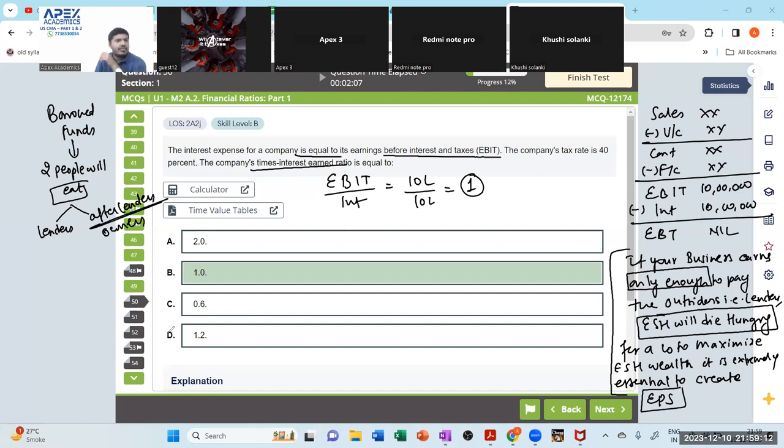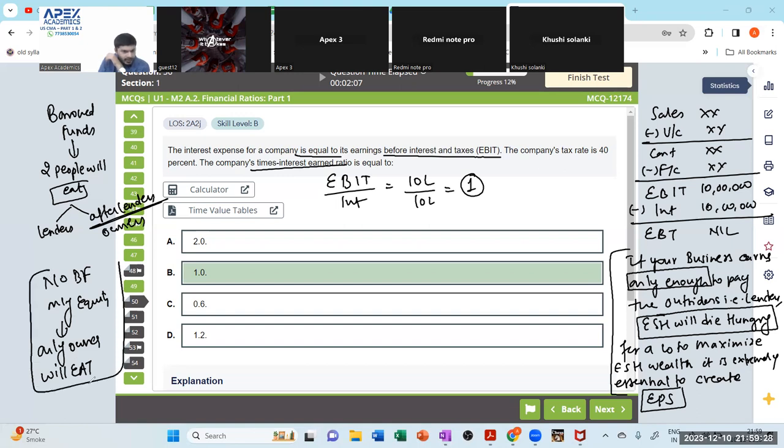Always remember they will eat after the lenders. But if there are no borrowed funds, only equity, then only the owner will eat. And this is the ideal scenario.